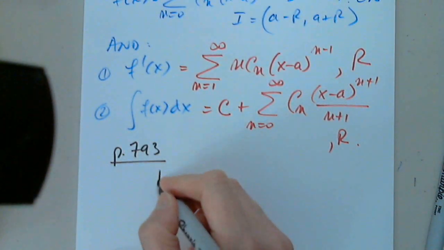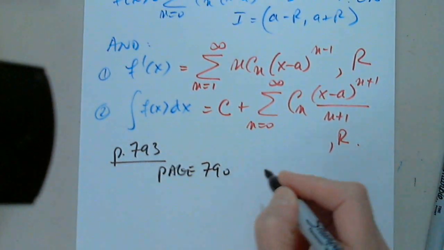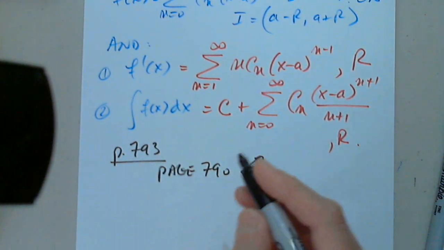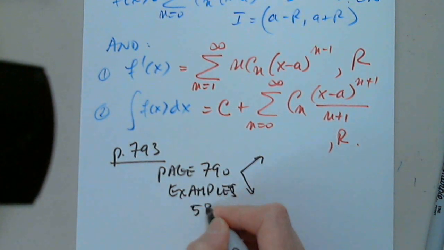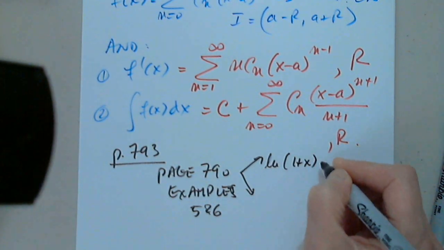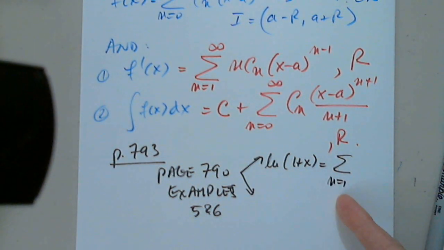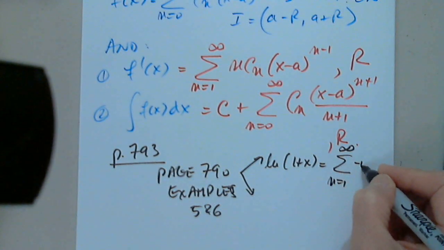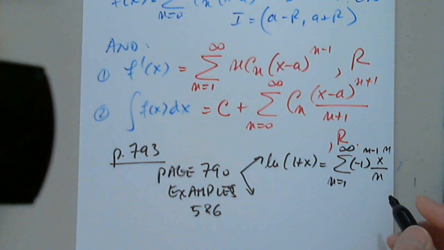So please look at page 790 for the following two proofs in examples 5 and 6 on this page. And you will see that natural log of 1 plus x can be represented by the sum from n equals 1, careful, 1 to infinity, of negative 1 to the n minus 1, x to the nth power over n, and the radius of convergence is 1.